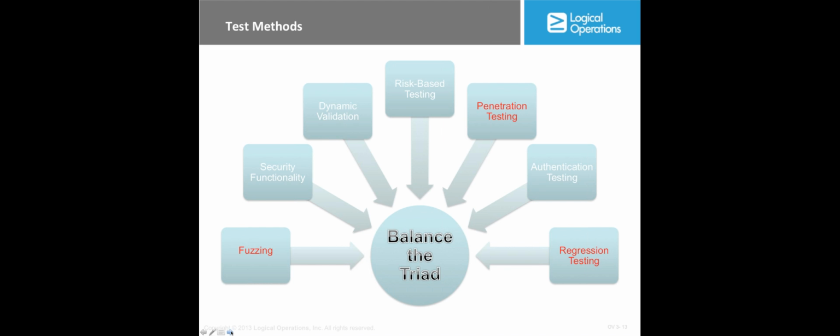Whatever the organization, whatever you, the developer, deem the best application of resources, whether it's pen testing, whether it's fuzzing, whether it's dynamic validation, risk-based testing, find several, employ several to ensure that you have balance in the triad itself. I've highlighted once again the most logical offenders.